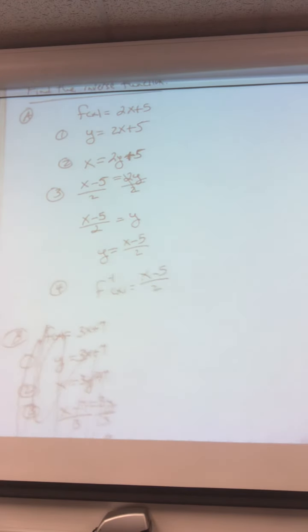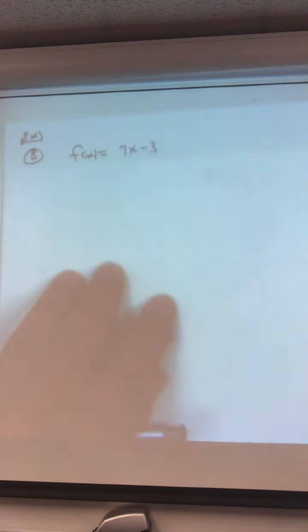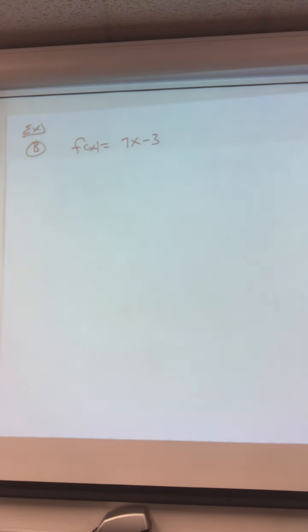Okay? Let's do 2 more examples to close this section out. And the instructions here is to find the inverse function.